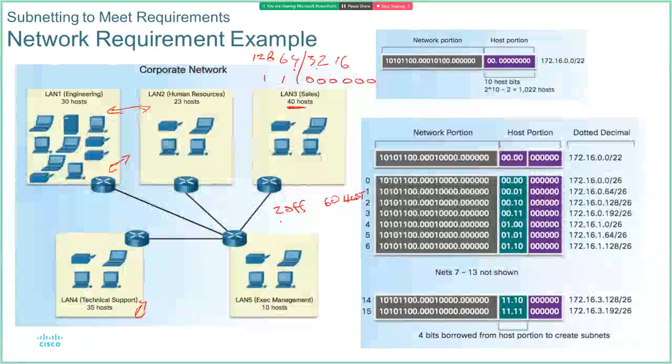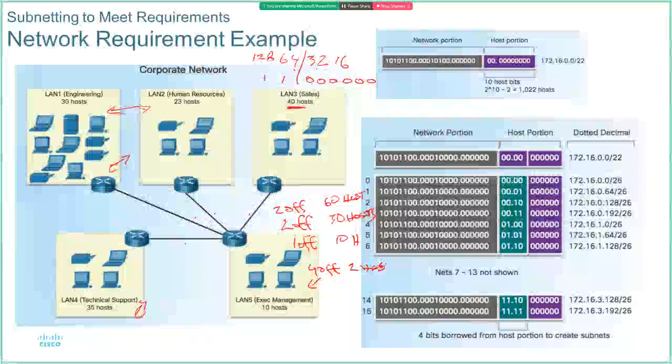So we need 2 of that will support 30 hosts. And then we have 1 that supports 10, and then we have 1, 2, 3, 4 of that supports our point-to-point links.